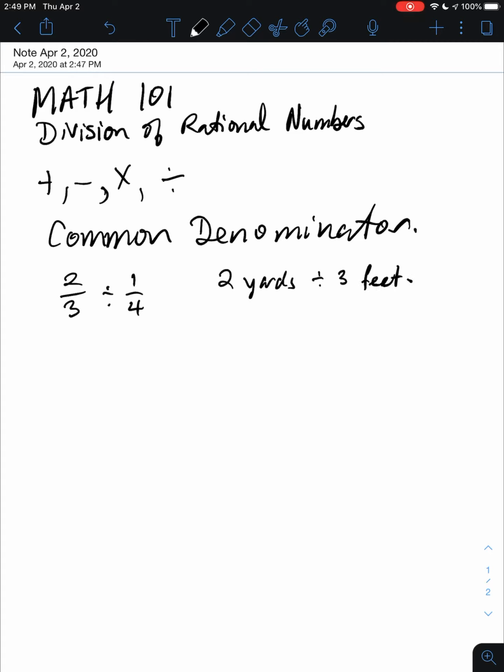So a yard is itself 3 feet in size. So 2 yards is 6 feet. I divide it by 3 feet. I should get the answer two times. So this 3-foot measure goes twice into 2 yards.